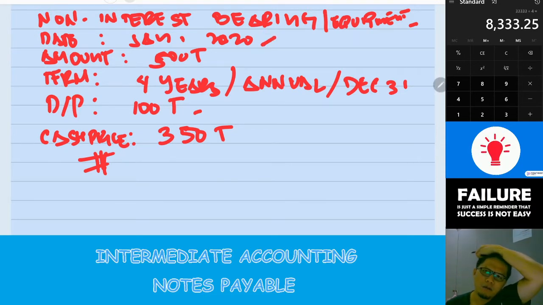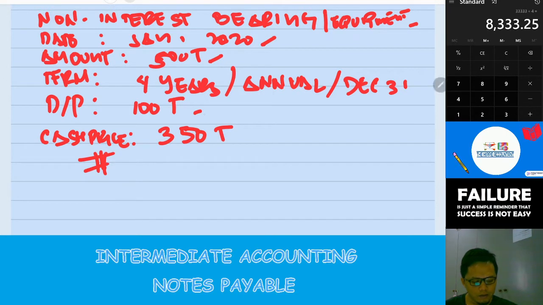This time, in exchange for the equipment, the borrower incurred a debt amounting to 500,000. However, the terms of the debt require a down payment of 100,000.